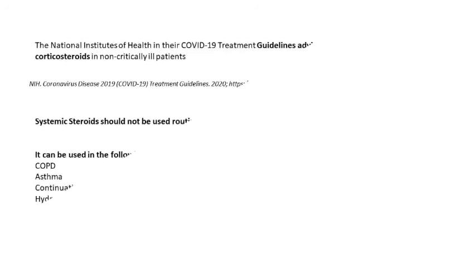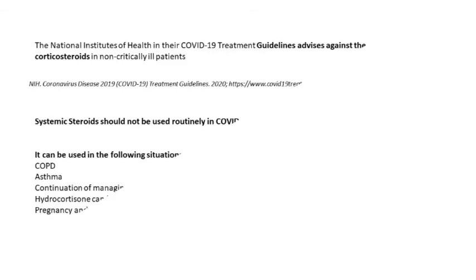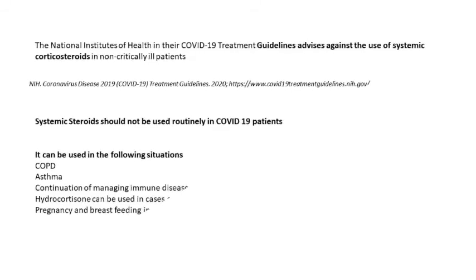So systemic steroids should not be used routinely in COVID-19 patients, but they can be used in the normal context. What I mean is cases of exacerbation of COPD and bronchial asthma, which is a normal medical indication. Also, they should be continued for people who have immune disease or renal transplant, as usual. And hydrocortisone can be used in cases of septic shock not responding to fluid management.